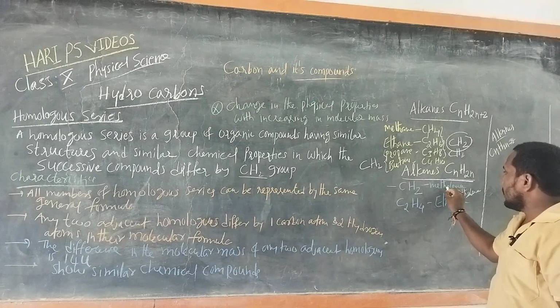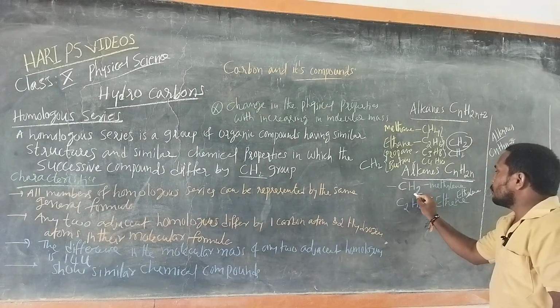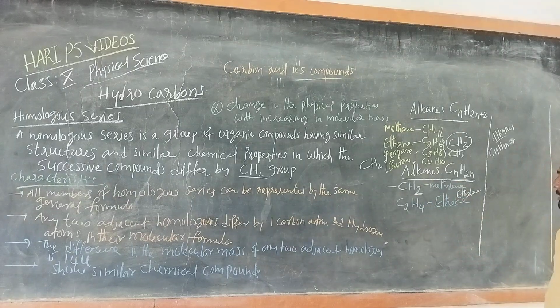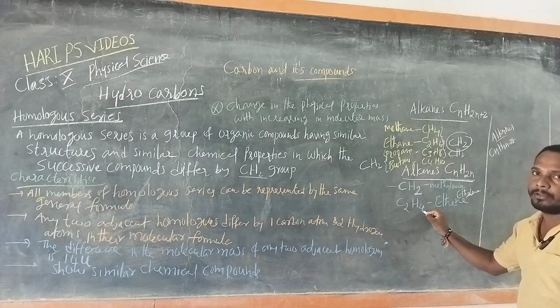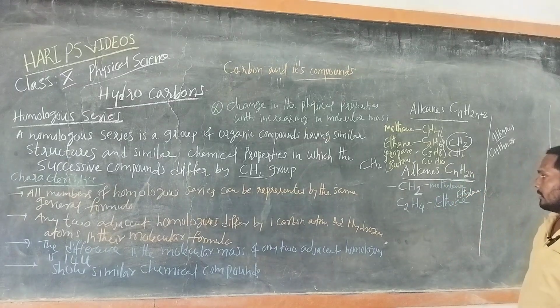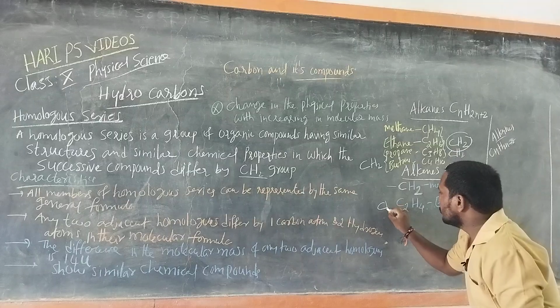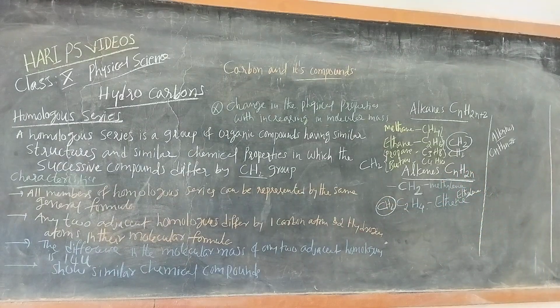So the methylene group has 1 carbon atom, 2 hydrogen atoms. When compared, C2H4 has 2 carbon atoms and 4 hydrogens, a difference of 1 carbon and 2 hydrogens.